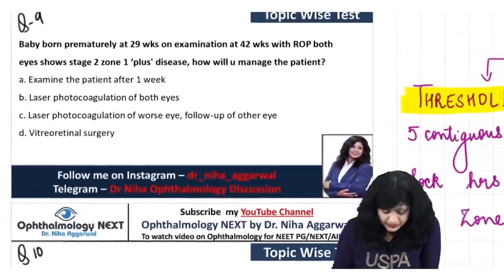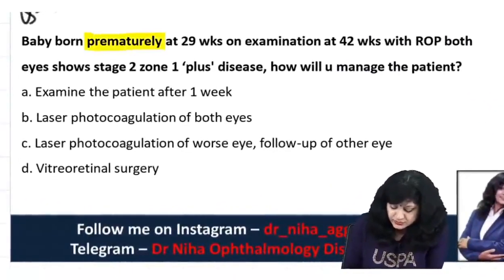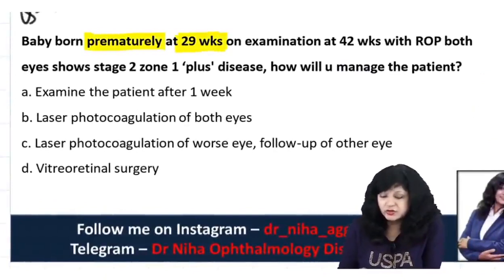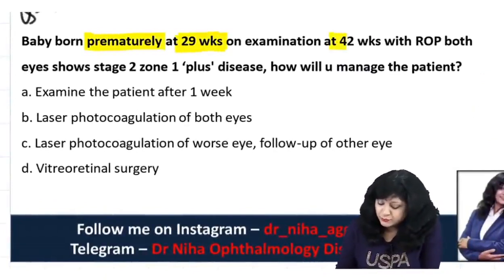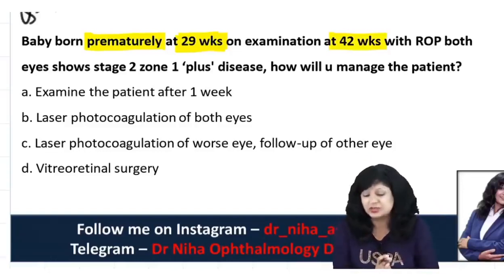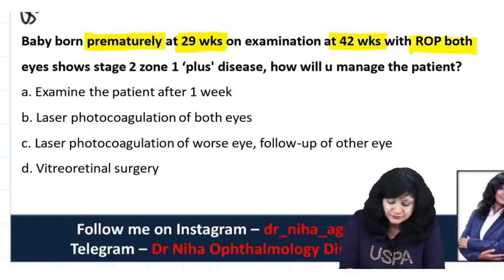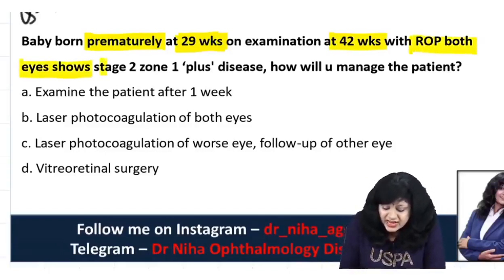Question number 9. The baby is premature who has taken birth at 29 weeks. Okay, on examination at 42 weeks. So the baby was born at 29 weeks and we are doing the examination at 42 weeks, and the baby is showing you ROP in both eyes. Both eyes in stage 2 zone 1 plus disease.